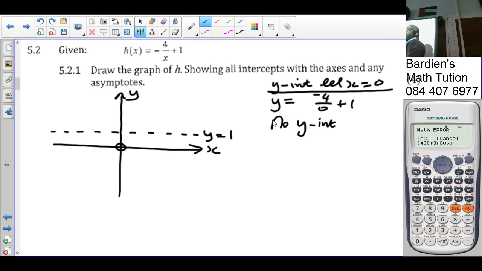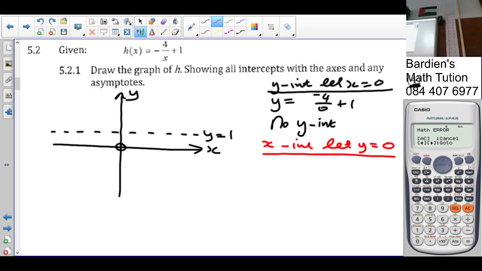Did I have to show this part of the calculation? No. Because all 4 marks lie on the graph. The calculations on the side are my guide to drawing the graph. Does it make sense? Then the next thing is our x-intercept. What do you do for the x-intercept? Let y equal to 0.